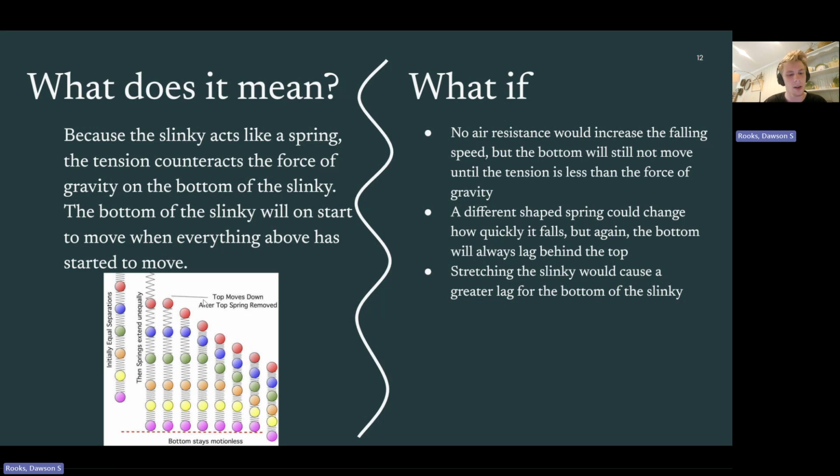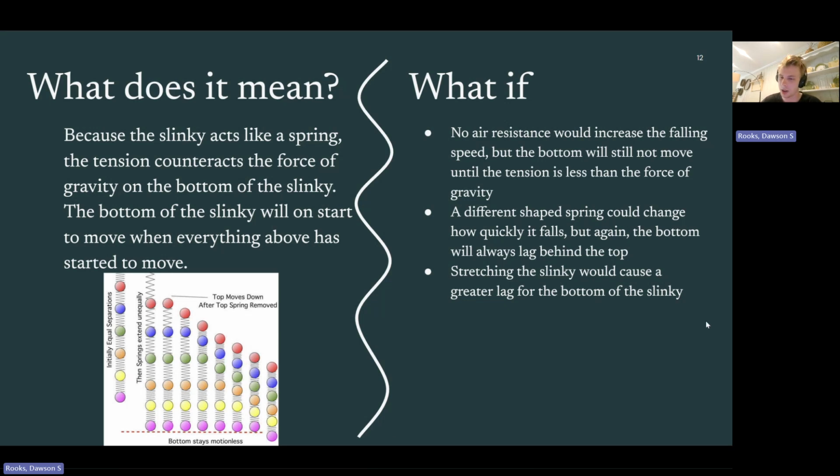As we can see in this photo here, which is a pretty good illustration of it, the bottom will only start to move once the rest of the Slinky above it has collapsed down on itself, and so the tension is low, because the relaxed length of the Slinky is when it's fully compressed. So the closer it is to being fully compressed, the less tension you'll have, less spring force.